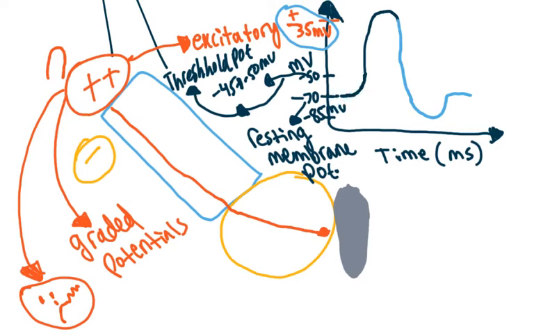The size of our graded potentials decreases as we get down to the axon hillock. By the time it gets here, the graded potentials are weak. They're not that strong. That's why you need a lot of excitatory signals on our dendrites in order for our graded potentials to be positive enough here so that we can hit our threshold potential, which is right here in our graph, and so we can have an action potential fire down the axon.